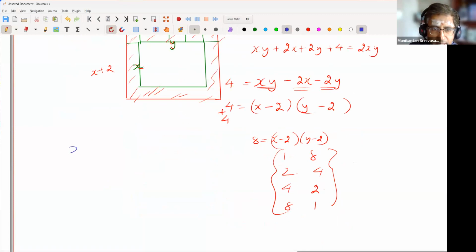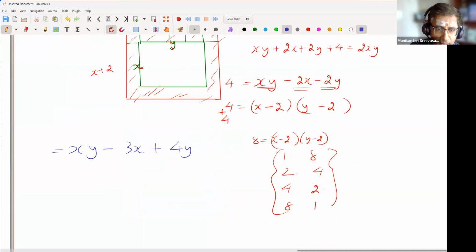For example, in another case, suppose you have an expression xy minus 3x plus 4y equal to, let's say, something. I'm just randomly putting something, I'll change it later. So how do I manipulate it? xy minus 3x plus 4y.